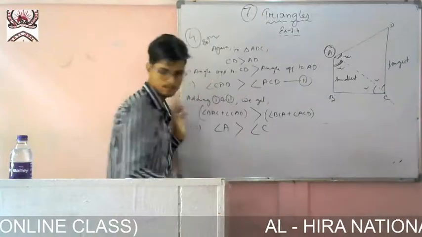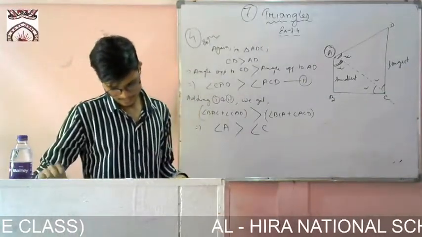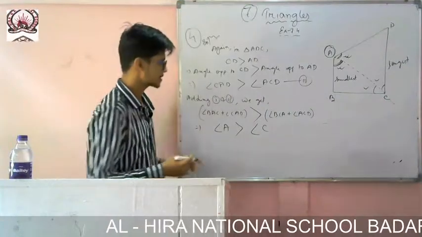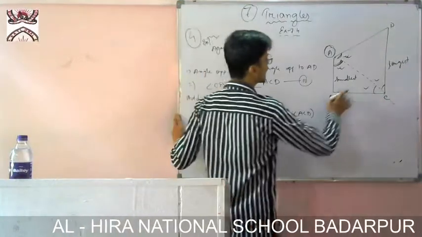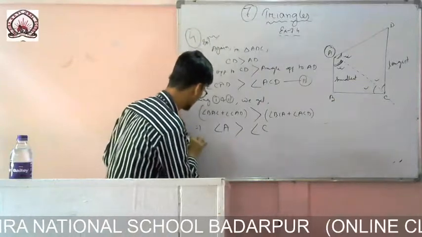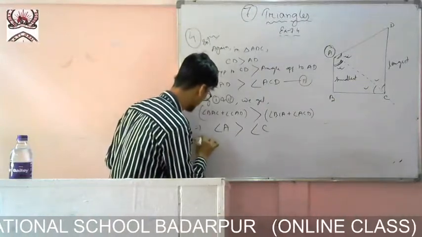The question is to prove that angle A is greater than angle C and angle B is greater than angle D. Similarly, if I join side BD, then I can prove it. You write the next one, no need to prove, you just write similarly.